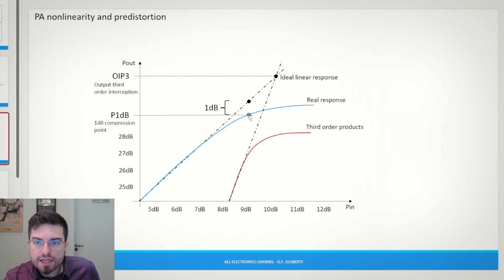So we still need to back off a little to work more in the linear region of the amplifier, but we can increase the power a little and use predistortion to operate in a region where the amplifier is more efficient. So predistortion is not exactly a way of fully linearizing the amplifier, but it's more like a technique that we can use to increase a little the efficiency of the overall transmission system.